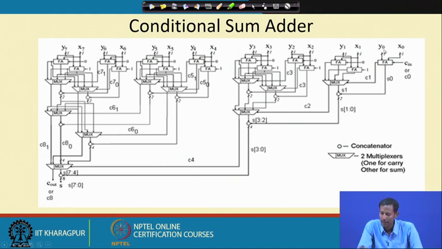This is x0 and y0, and from here, considering the C in, I can get the sum 0. Now, this will produce the corresponding C1 over here. Next, I have two full adders, this conditional adder, one for 0 and another for 1.